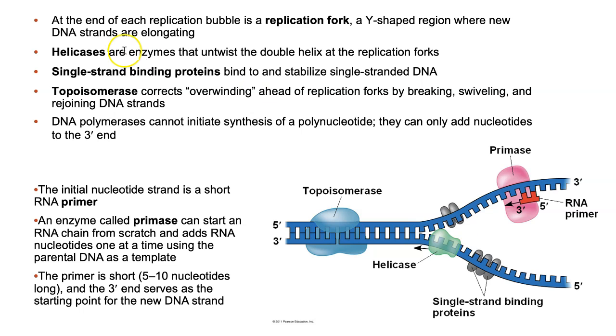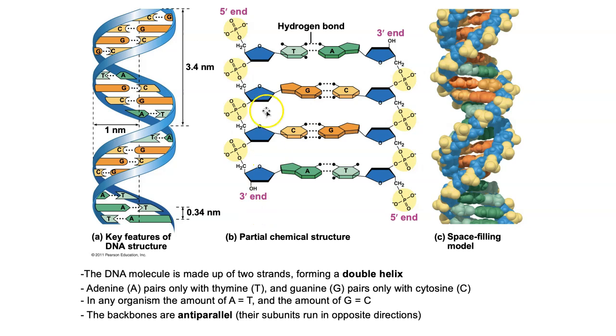The 3' end. Here is a review of that really quickly, right? We have our 5' end, which has the phosphate. We can't add anything onto this phosphate. On the 3' end over here, we have the sticky hydroxyl group. So we are constantly adding onto the 3' end, and this is for RNA and for DNA.